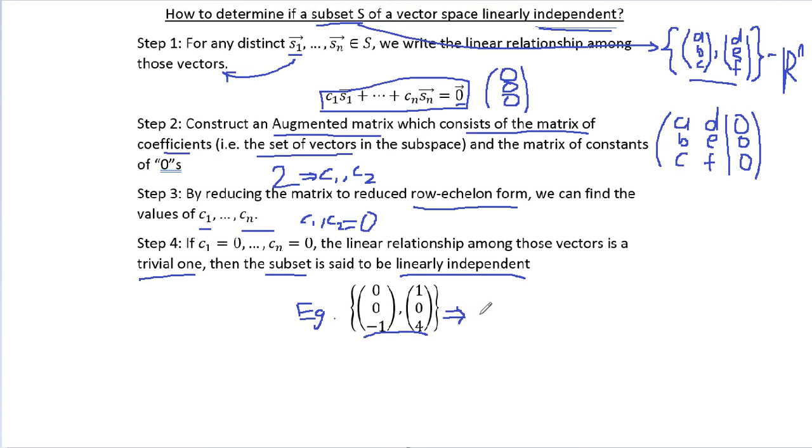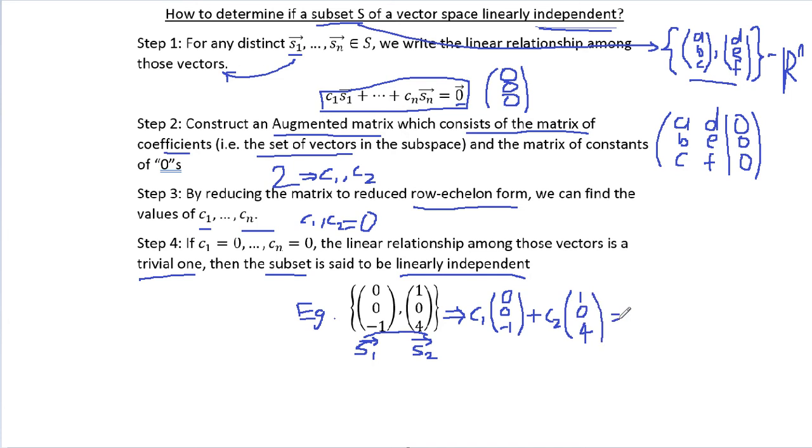C1 times S1, which is 0, 0, minus 1, plus C2 times S2, which is 1, 0, 4, equals the zero vector.